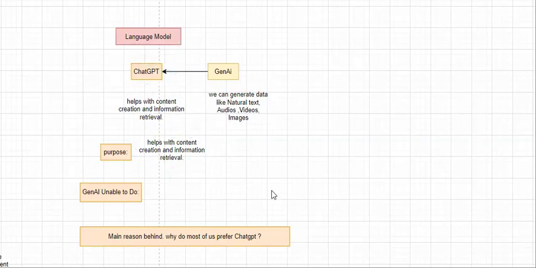No. Let's take one more example. Let's say I am a developer and I have written some code and provided that code to ChatGPT, and I asked for the result that comes at the end after executing the program. Can ChatGPT provide me the output? No. It cannot provide you the computational results.